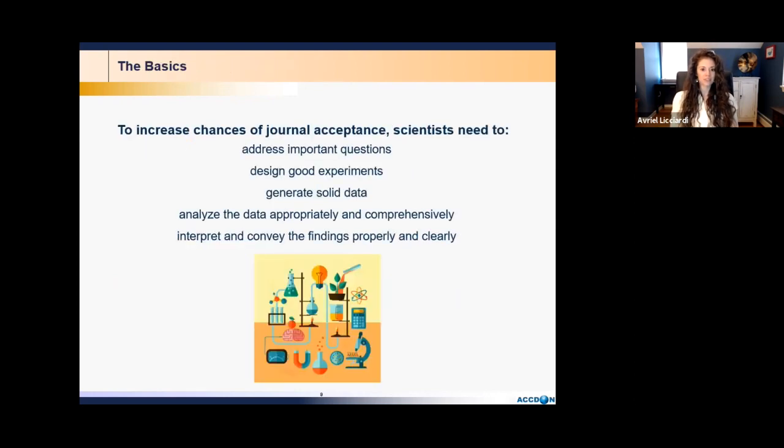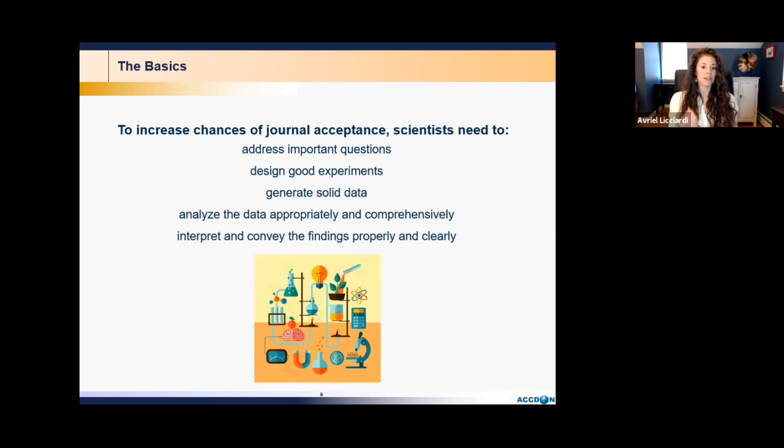So the question is how can we increase our chances of journal acceptance, and specifically international journal acceptance? So in general, research scientists need to address important questions that are part of the field, design good experiments that are not flawed, that are well thought out and comprehensive. You want to be able to generate solid data that's reproducible and accountable.